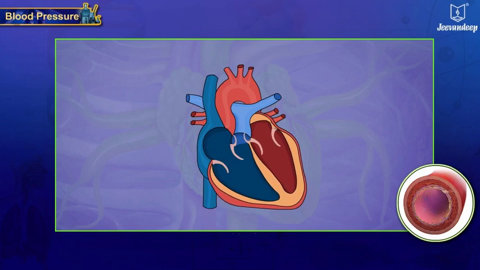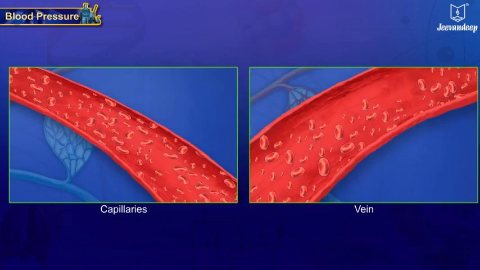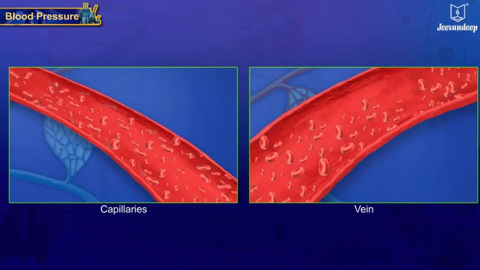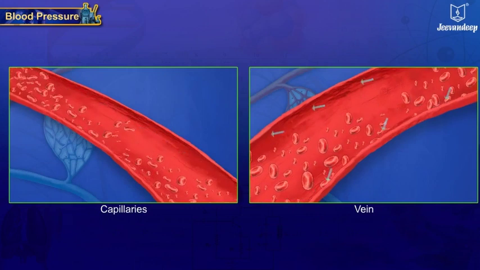Ventricular contraction pressure is passed on to the arteries, and that is why arteries have thick walls and are deeply placed in the body. Blood pressure becomes low in capillaries and gets even lowered in the veins.